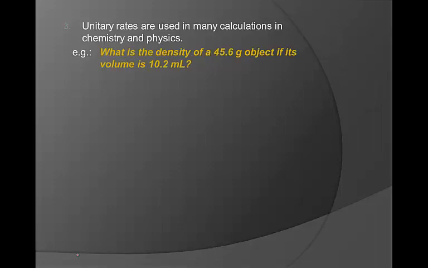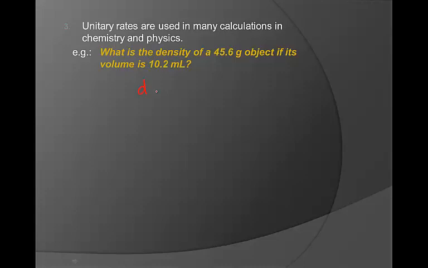So unitary rates can be used in many different chemistry calculations, just like they are in physics. If you have a density question, for example, we can use and produce unitary rates in a couple of different ways. Unitary rates, again, remember, are anything that you can make that has a number value compared to a quantity of one other.